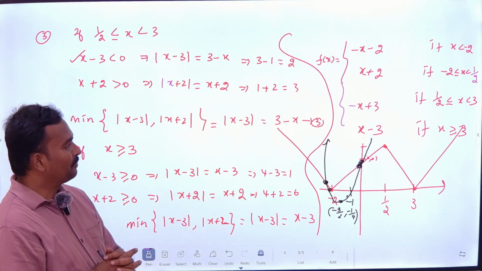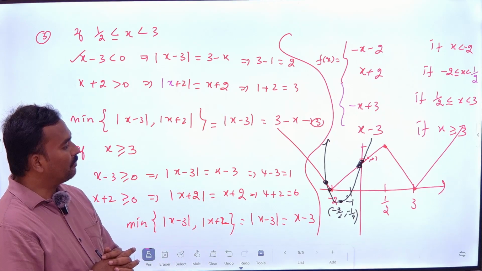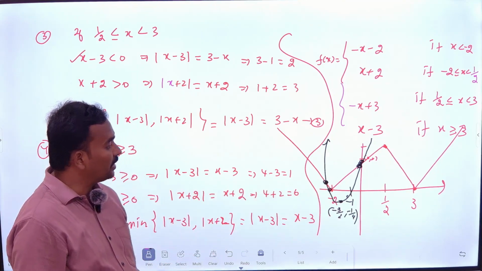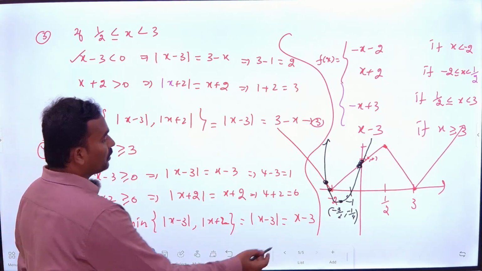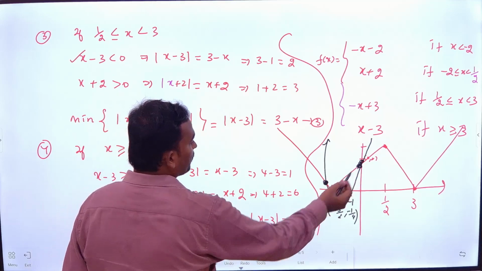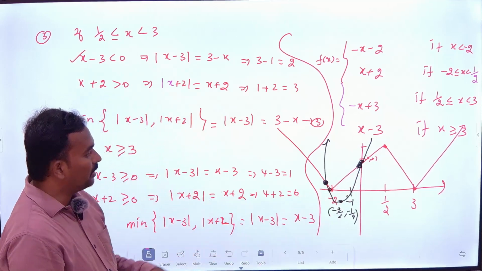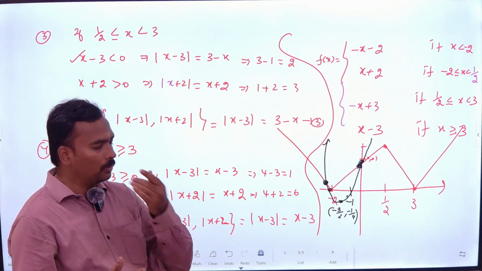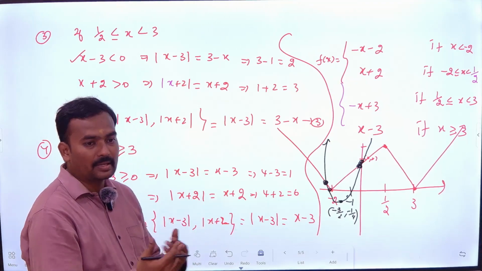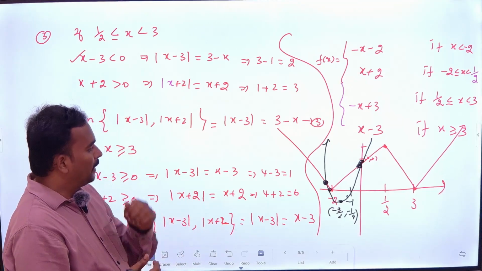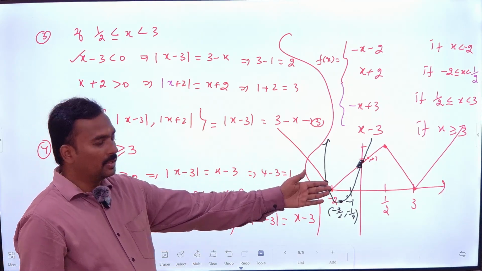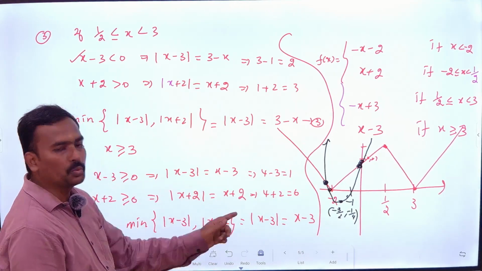You can find out where these two curves are intersecting, but they're asking the number of solutions only. You don't need to find the exact solutions. You can do it yourself. So the number of solutions is 2.